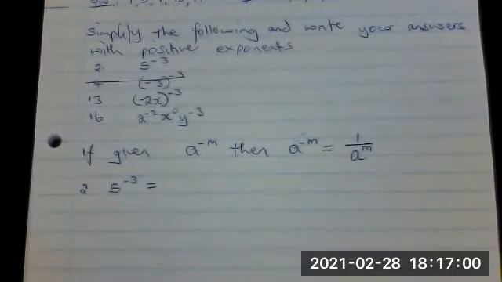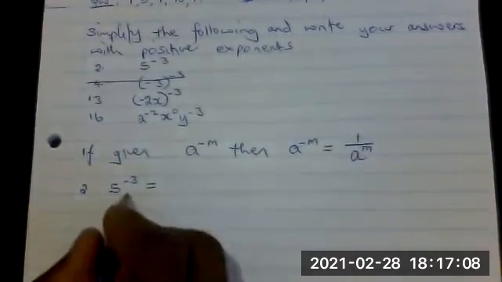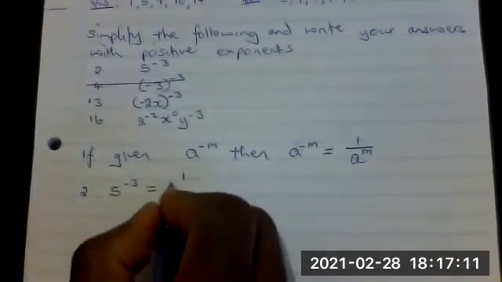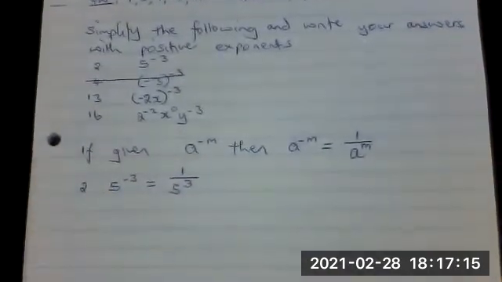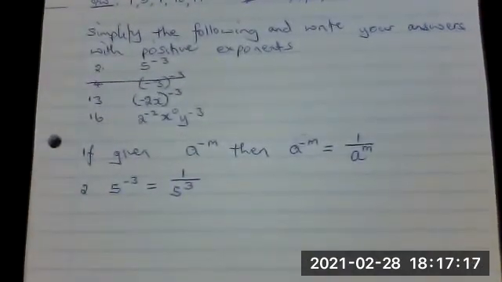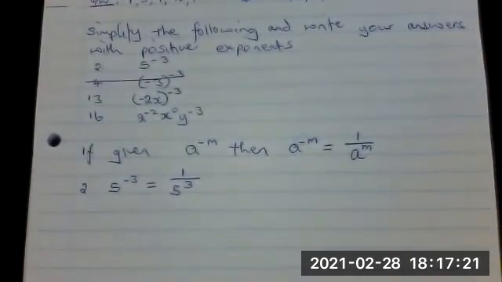Once it is in the denominator, the negative exponent becomes a positive exponent, and the numerator will be 1. So this is equal to 1 divided by 5 to exponent 3, right? It is now in the denominator, so we change it to a positive exponent.